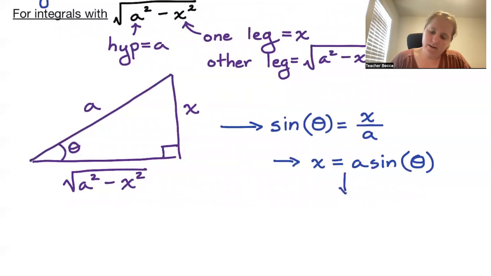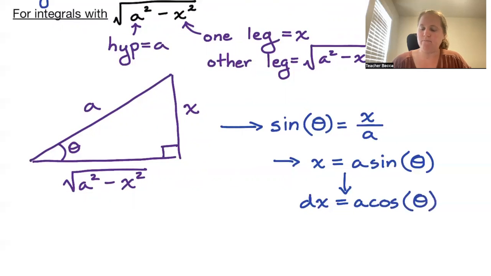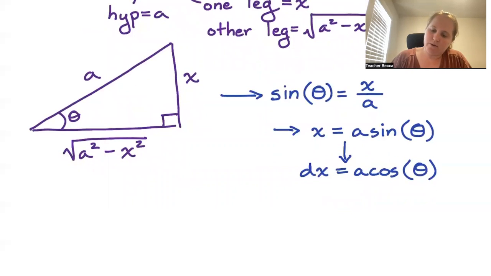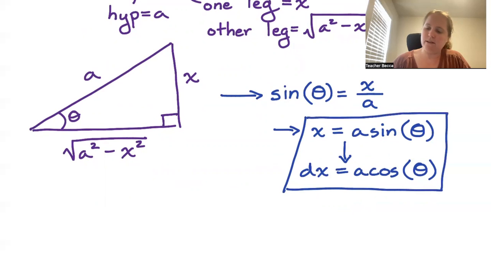We can easily get dx from there. We get that dx is equivalent to a cosine of theta. So this is going to be extremely useful. We have an x equaling a sine theta, and we have a dx equaling a cosine theta, oops, I forgot my d theta, a cosine theta d theta.